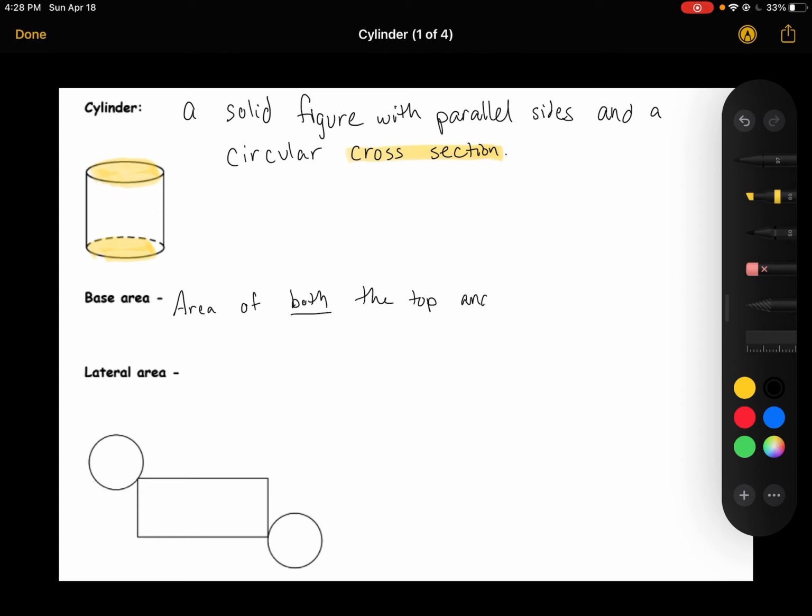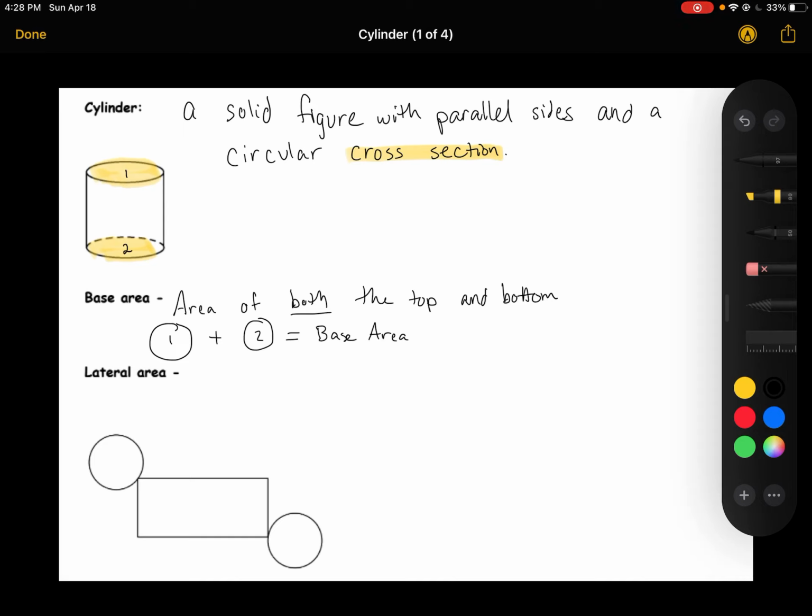Just like before, base area is going to be the area of both the top and bottom. The most common mistake from prisms was that for the base area we would just do the top or just do the bottom. Reminder for this one, we have top and bottom, or circle 1 and circle 2.